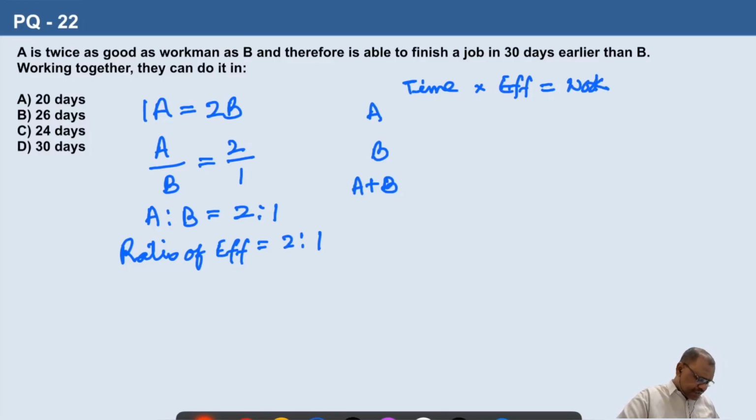So efficiencies of A and B are 2 and 1. So their total efficiency is 3 units, sorry, 3 units per day. Here A is able to complete the work 30 days earlier than B. Suppose you consider this as x, this is x minus 30.